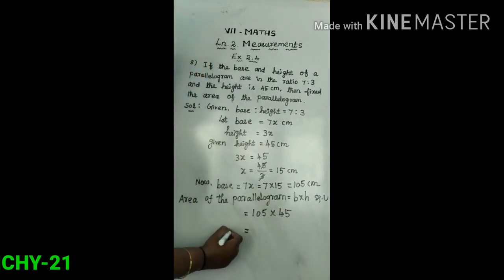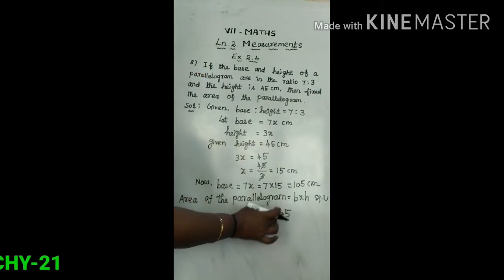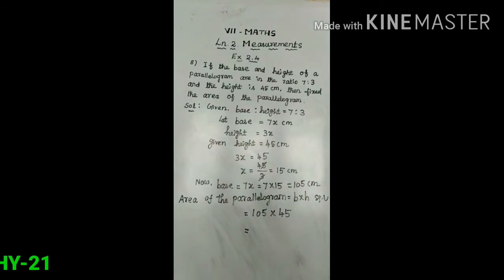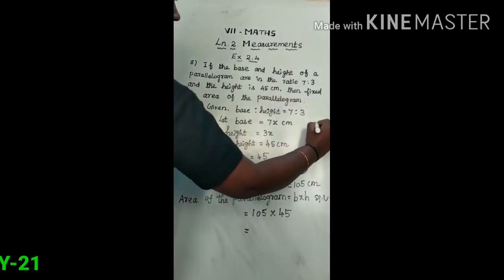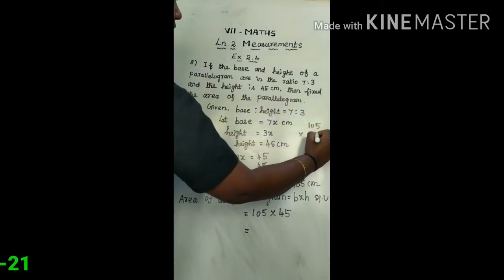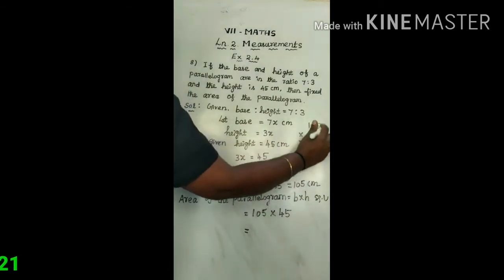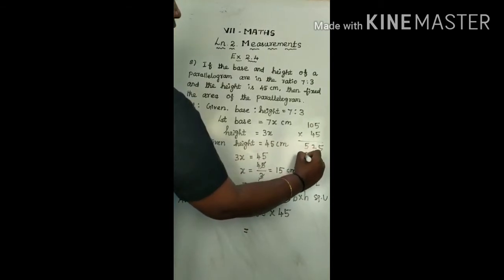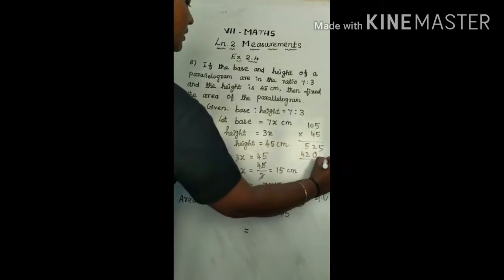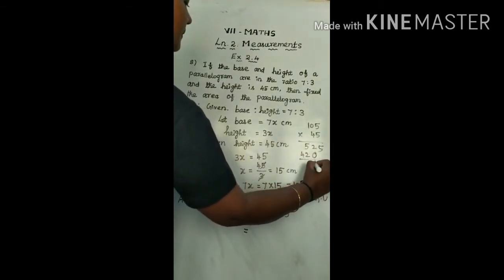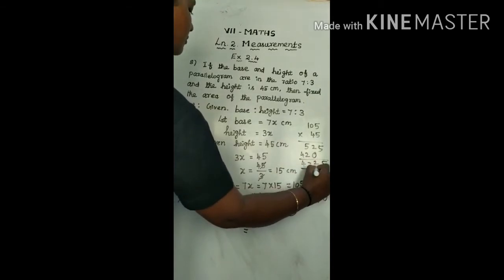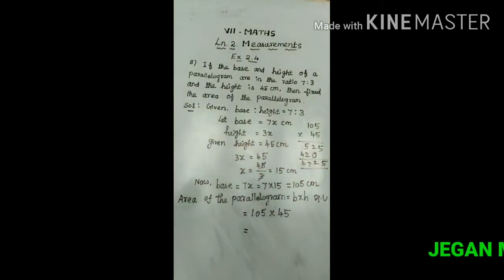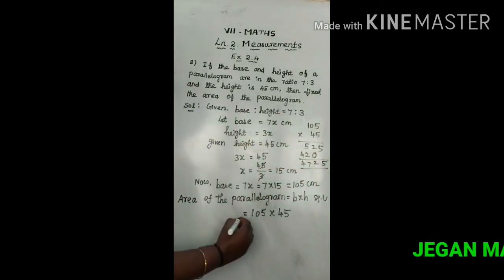So now we multiply 105 with 45. 5 5s are 25, remainder 2, 5 1s are 5, 5 4s are 20, then 2, 1 4s are 4. So adding now 5, 2, 7, 4: 4725 centimeter square.